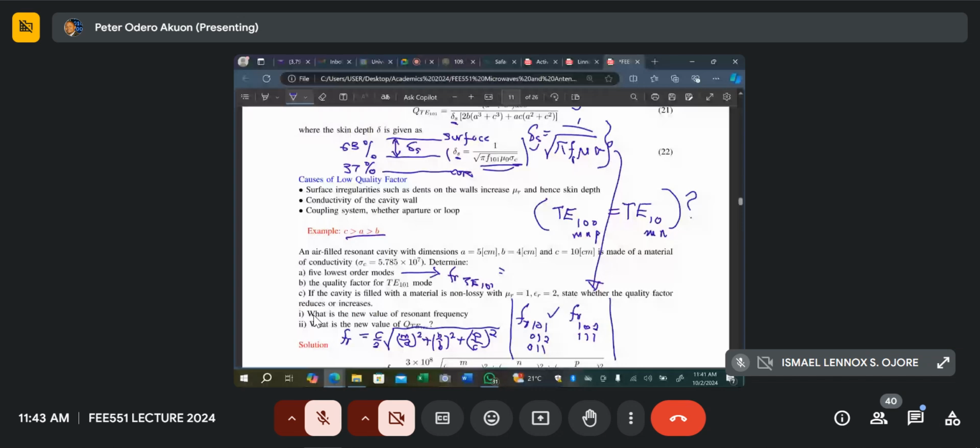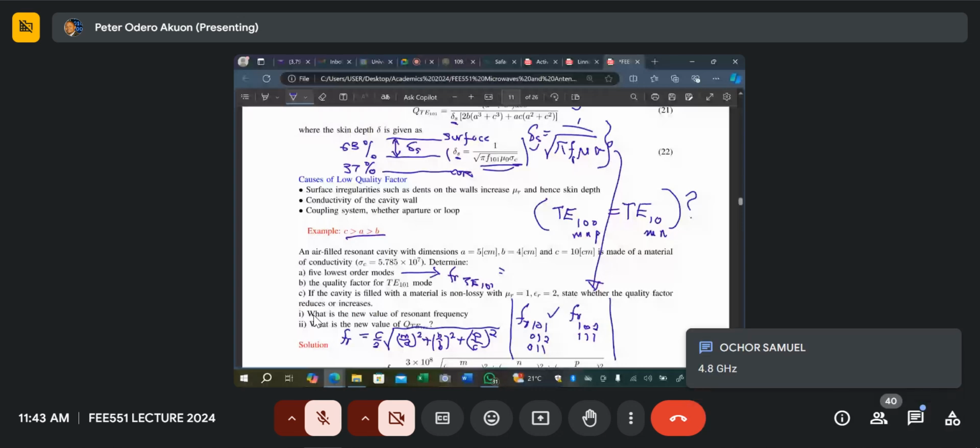Can somebody get TE012? We want FR for 012. So it is C that we can't have as 0 for a cavity.